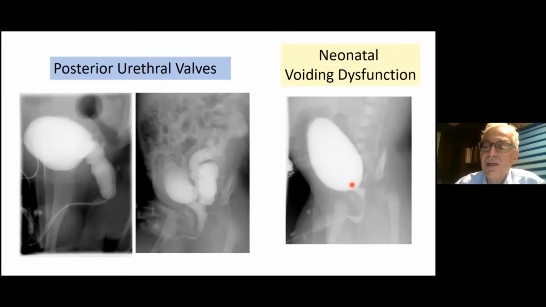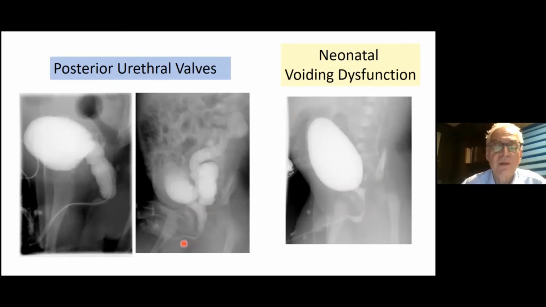There's some dilation of the posterior urethra. And if I showed you multiple images, you might see this narrowing of the sphincter, which probably represents very high pressure voiding in the neonate. So I think that neonatal voiding dysfunction is different than valves and quite distinct on the cystogram.